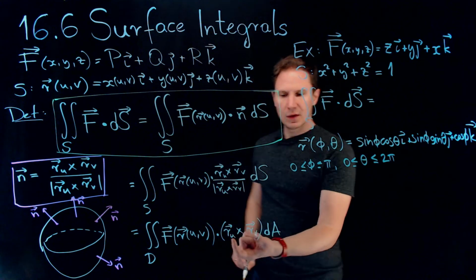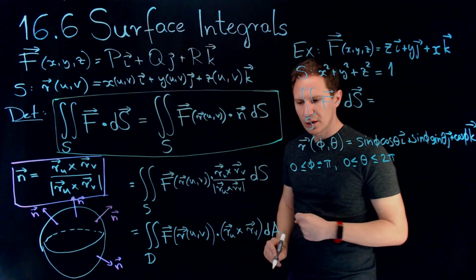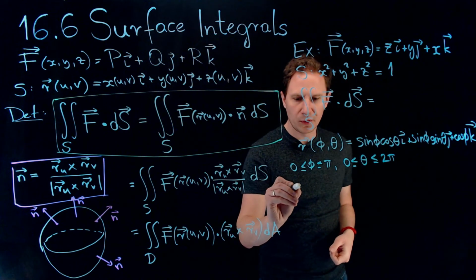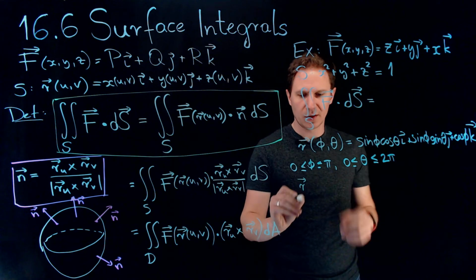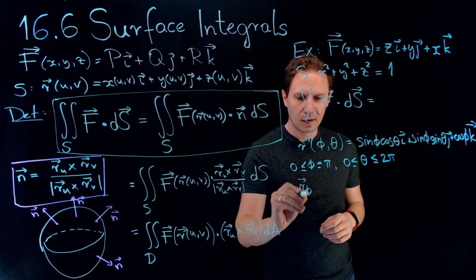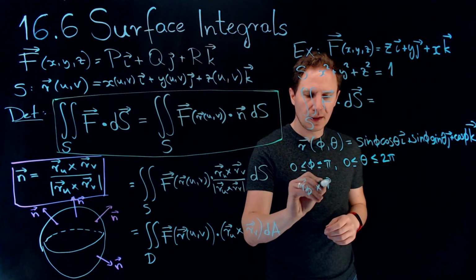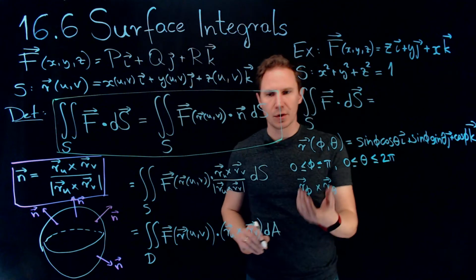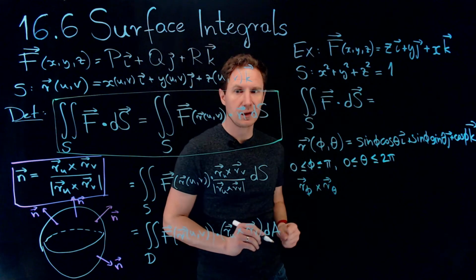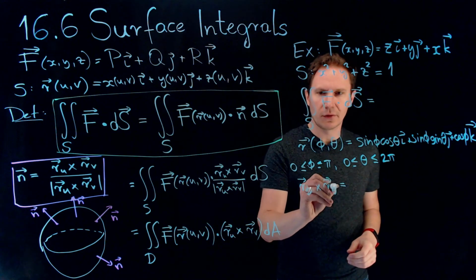If you compute this cross product, so compute the derivatives of r with respect to phi and theta, and then take the cross product of those vectors, you will get the following vector.